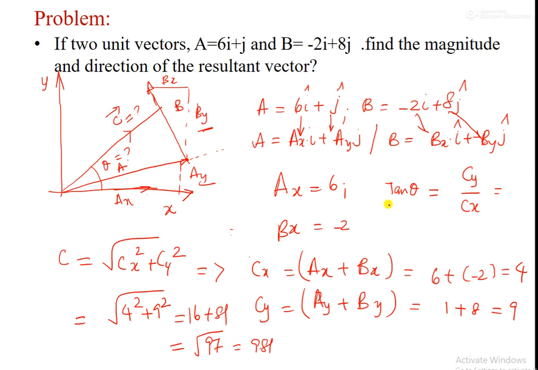So Cy we know as 9 by 4. So this theta will be tan inverse of 9 by 4, that is equal to around 66 degrees. Okay, this is how we will find magnitude and direction of a vector given in the format of components.